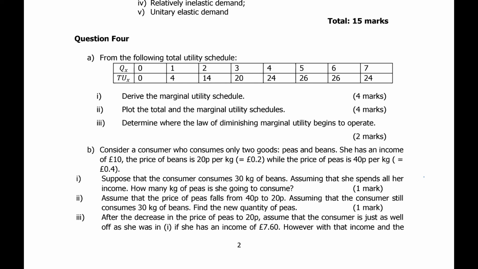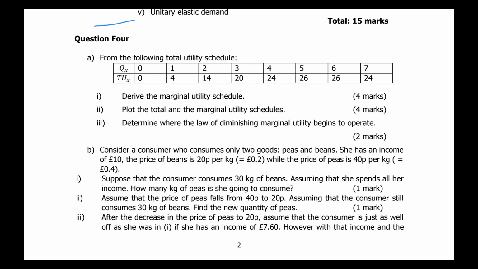Right. So from the following total utility function schedule, you are given a schedule for total utility. Now, let me start by defining what total utility is. Starting from utility. So utility simply means the total satisfaction, right?